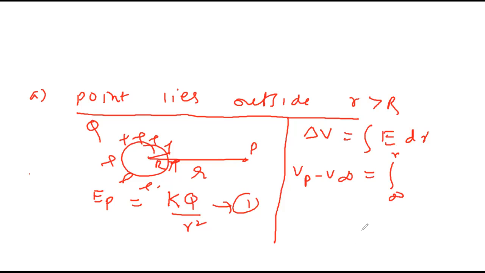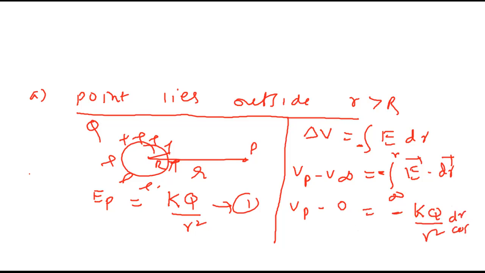Here it should be E bar dot dr bar. Now what is potential at infinity? It is 0. So equals to minus K Q upon r square dr into cos 0, by integration from infinity to r.